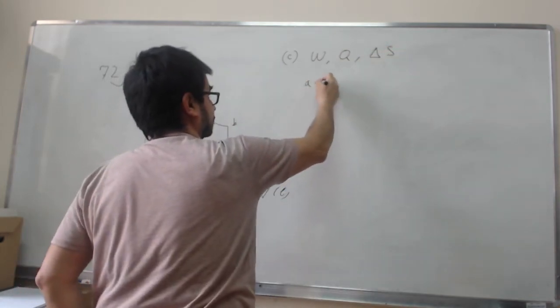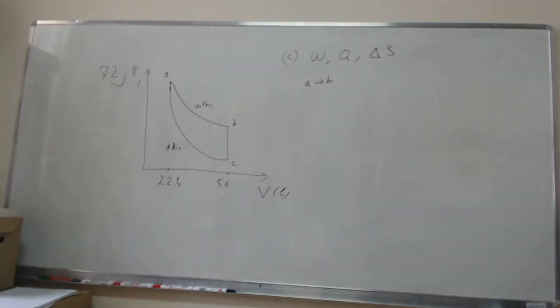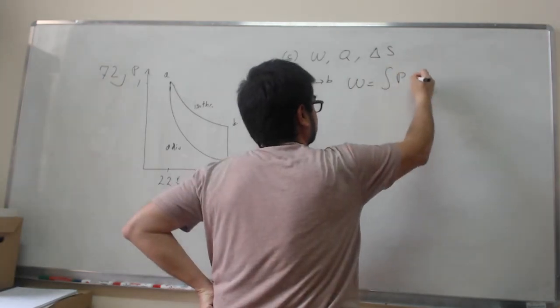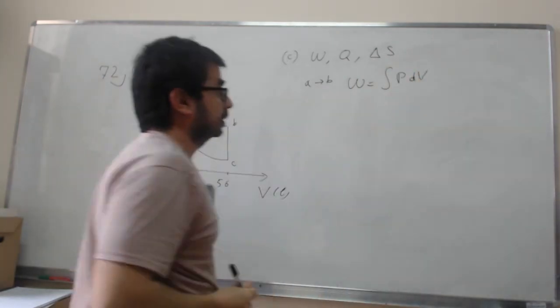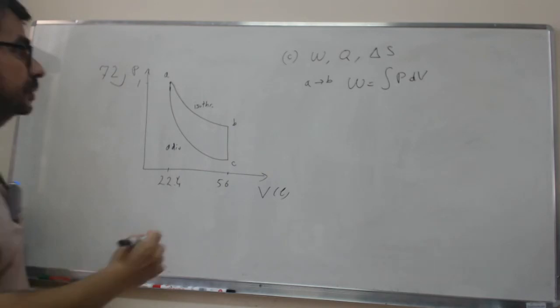So let's start with going from A to B. This is isothermal. So this means that there is a simple relationship. So the work done is going to be the integral of PdV, right? And I can write this pressure using the ideal gas law, as something inversely proportional to V, because the temperature is constant. So let's do this.